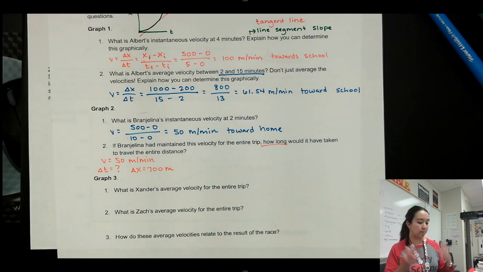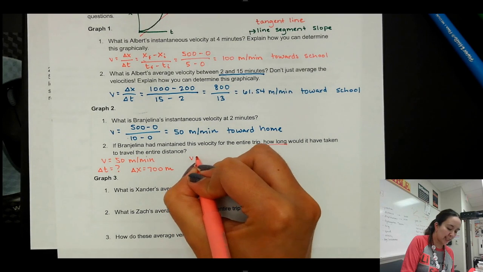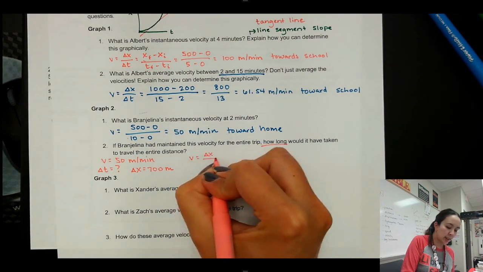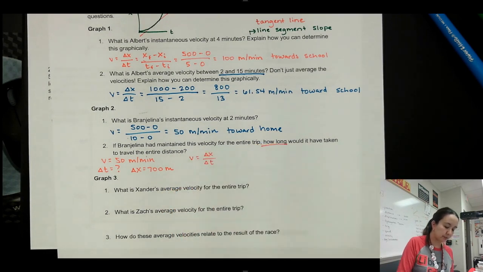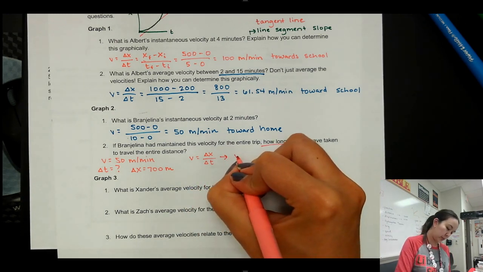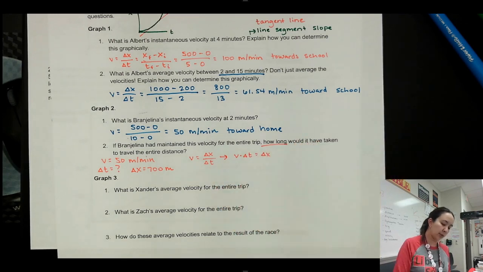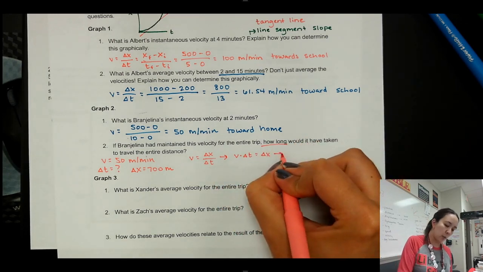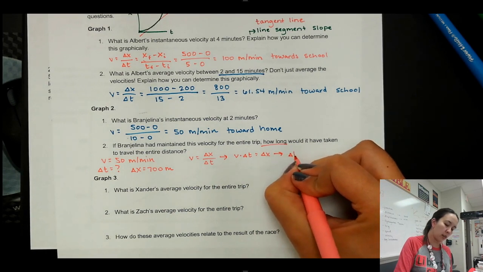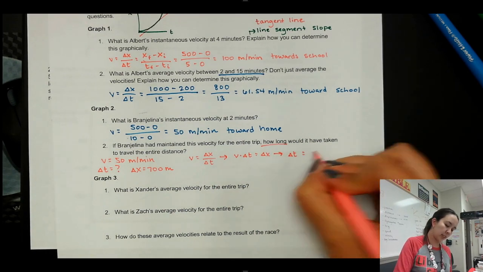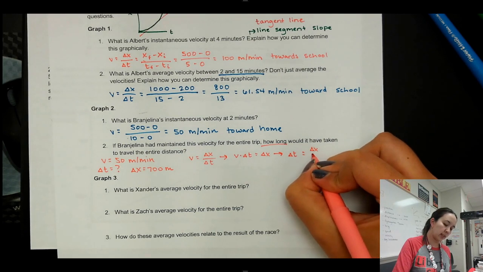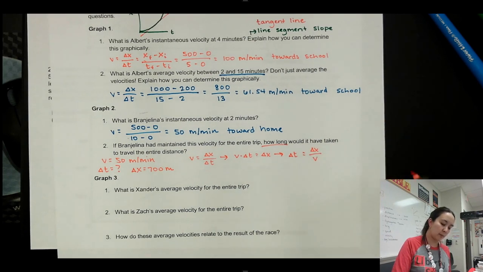Based on the information that's given, I know that the formula for velocity is delta x over delta t. I can rearrange that, multiplying both sides by delta t. So I'd have v times delta t is equal to delta x. Let me rearrange it one more time to solve for my time. Delta t is going to be equal to delta x divided by the velocity.